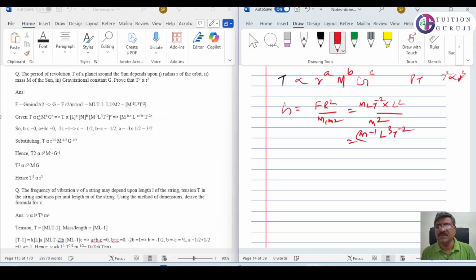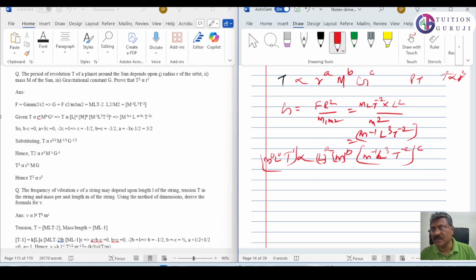So the dimension of g is M raised to minus 1 L cube T raised to minus 2. So t is proportional to L raised to a, M raised to b, then M raised to minus 1 L cube T raised to minus 2 raised to c, which equals M raised to 0, L raised to 0, T raised to 1.